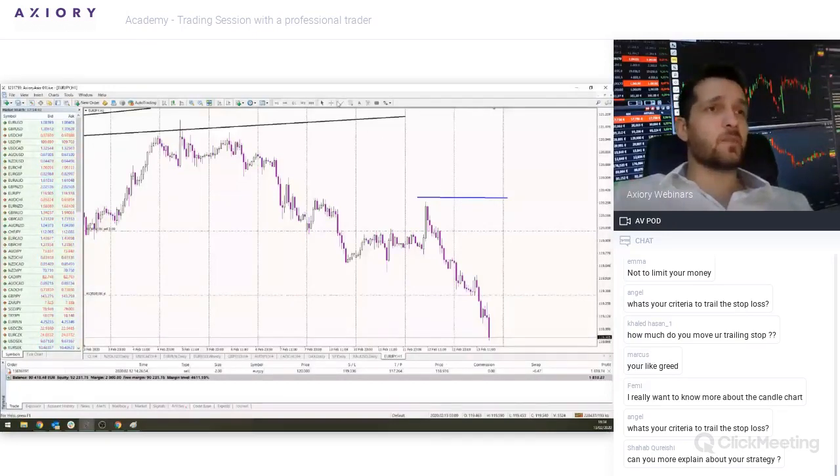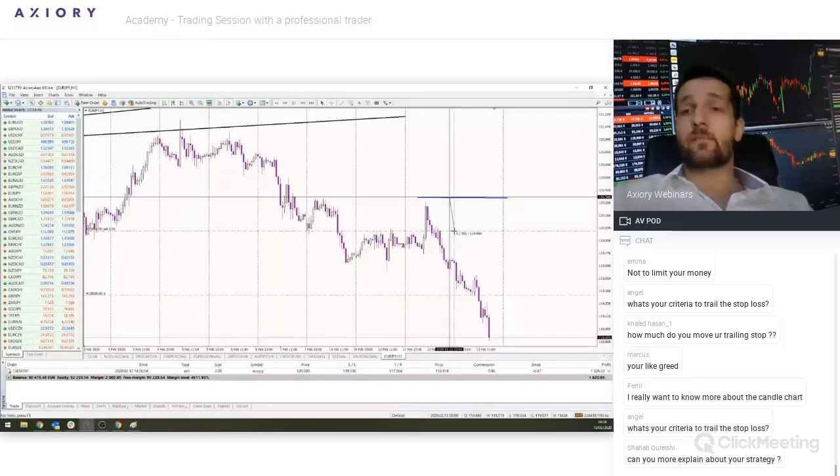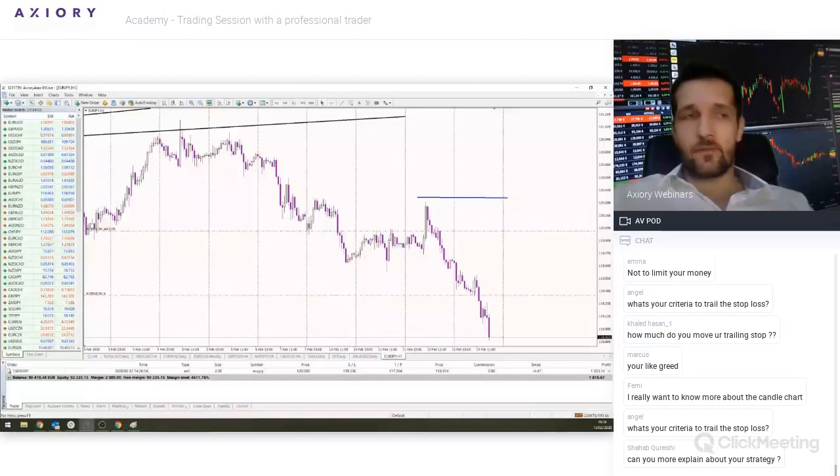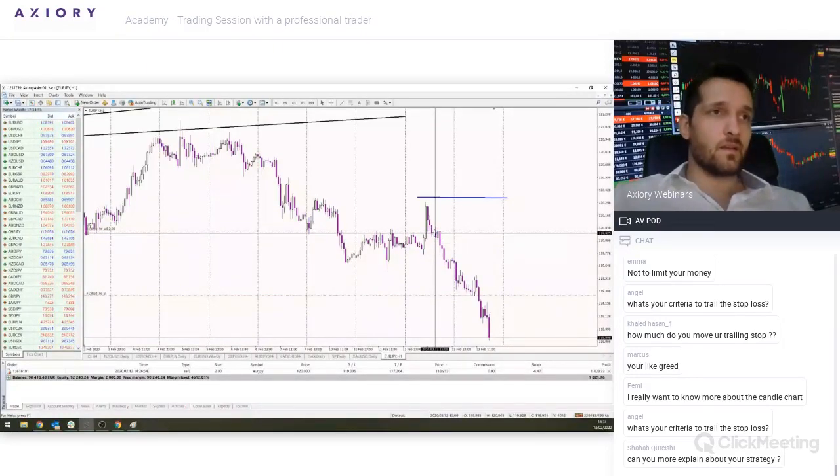My original stop loss was 35 pips. When the price is moving in my favor for the same amount of pips as I risk with the stop loss, 35, I move my stop loss to the break-even point.